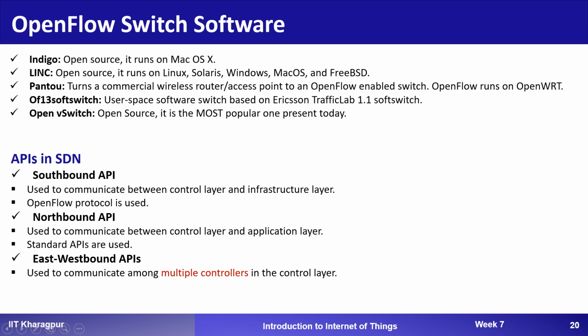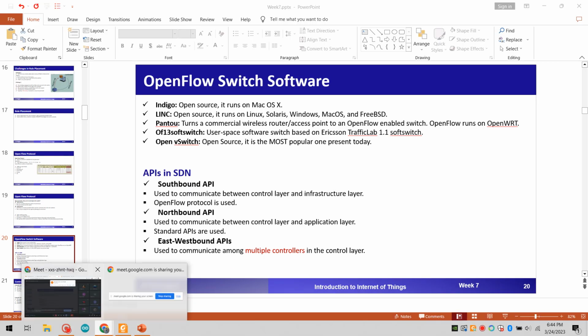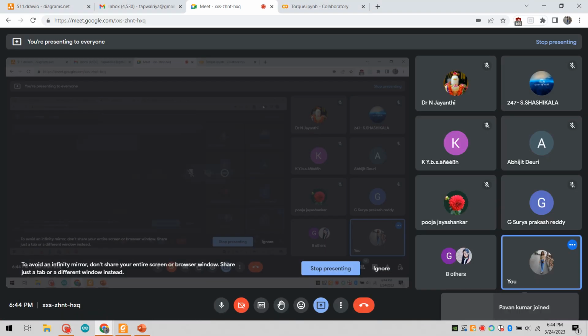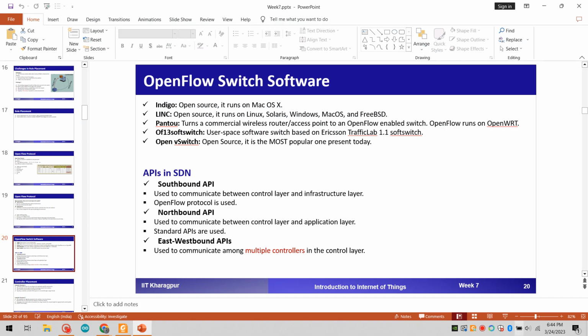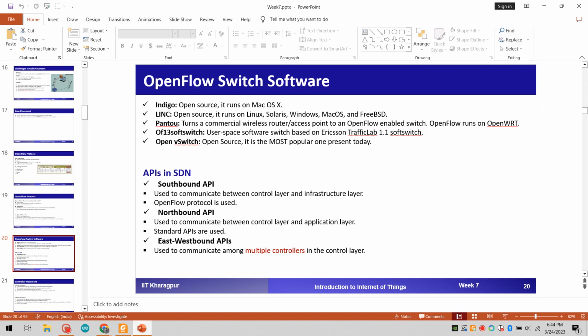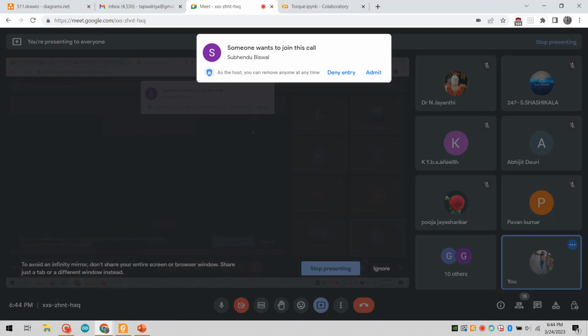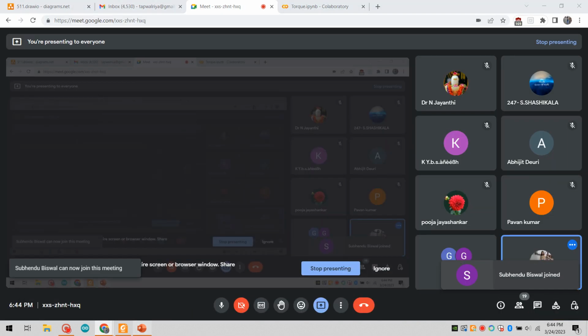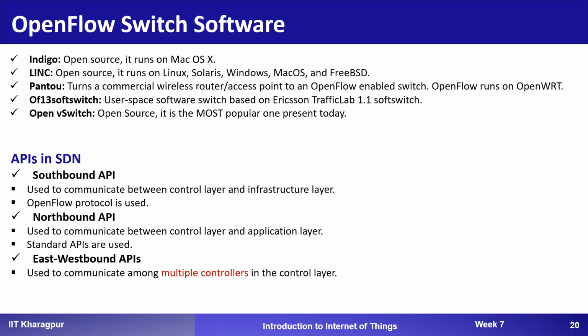Now the APIs which are used in SDN. So first API is your southbound API. Southbound API is used to communicate between your control layer and your infrastructure layer.